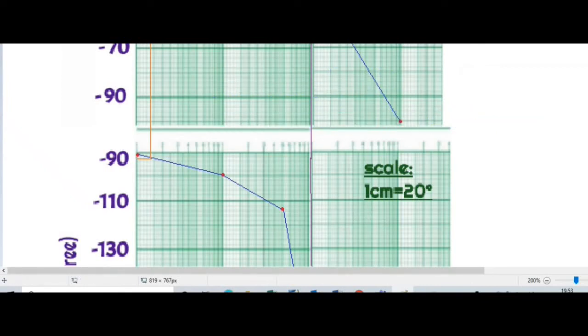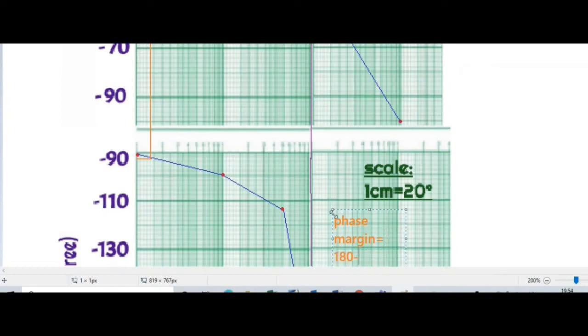So the phase margin is equal to 180 minus 92, which is equal to 88 degrees. So this is the answer, the phase margin.